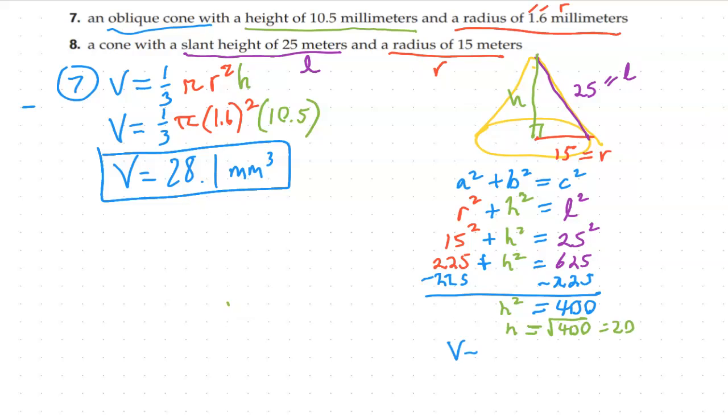So the volume is equal to 1/3 of pi times 15 squared times the height, which I just found to be 20. So then let's find out what our answer is. 1 divided by 3 times pi times 15 squared times 20.